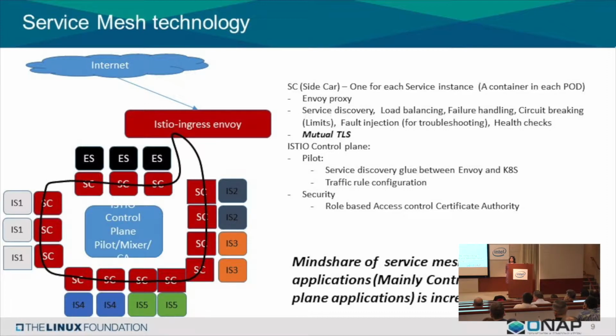To solve this problem, many open source projects have been coming out in recent months and over the last year or so. One of them is Istio, and another one is Envoy Proxy. The idea here is that with each service, you will have a sidecar, and the sidecar will implement all these common functionalities, like the health checks, the discovery, and mutual TLS between all these services. That's on the data plane side. And on the control side, there's something like Istio, where you can set up your traffic rules and your security rules.